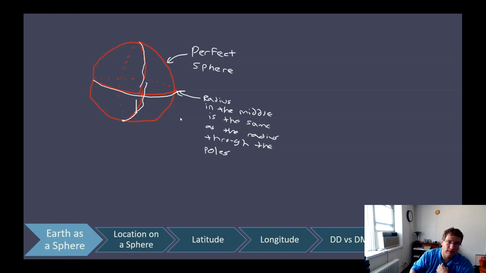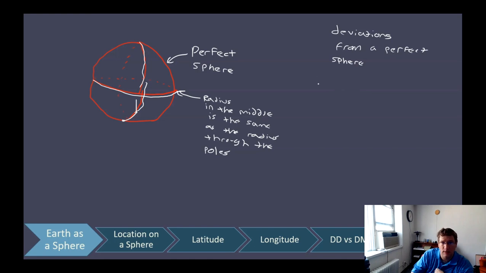Now, in reality, if we were to look at the actual Earth, there are two deviations from a perfect sphere. The first is that the pull of gravity on Earth is not equal in both directions.